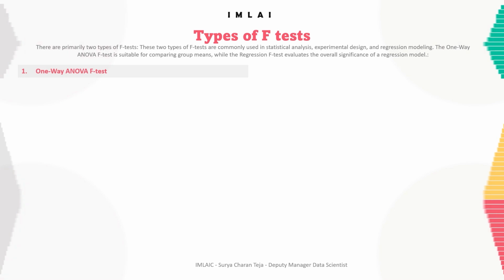So let's get into the detailed explanation of the one-way ANOVA test. First, let's define what the one-way ANOVA test is. The one-way ANOVA F test is used when you have a categorical independent variable, also called a feature or predictor, with two or more levels.